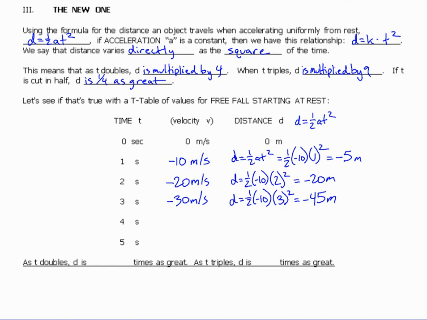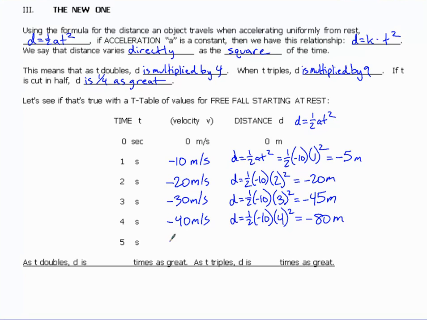After 4 seconds, the velocity, -40 meters per second. Distance, using our formula, 1/2, acceleration of gravity is -10, 4 seconds squared. We find that the distance is -80 meters.